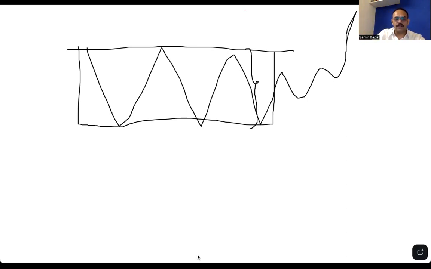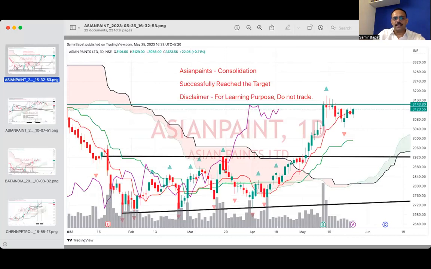So now if you see an example, I took a snapshot of an old thing. See here, can you see the Asian Paints snapshot? Yes, no? Yes. Okay. Now see here, the price is coming down, going up, coming down.